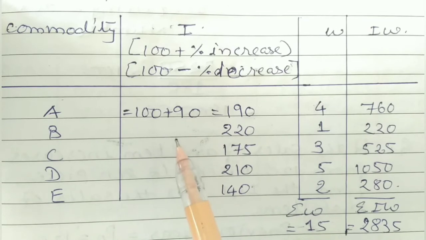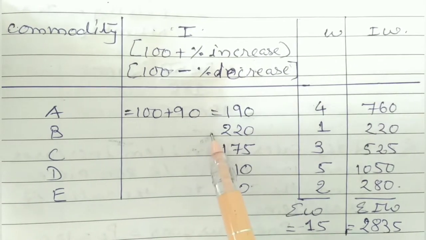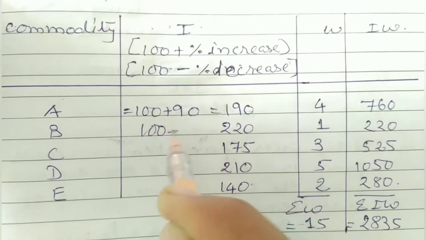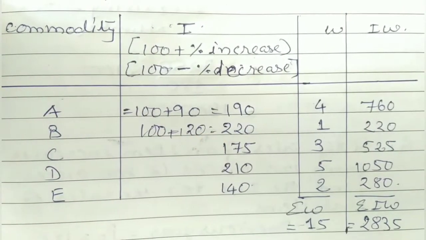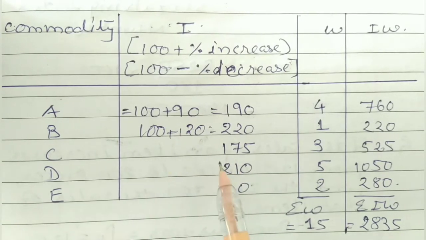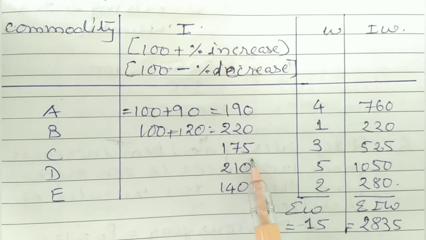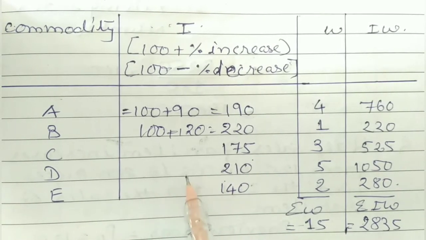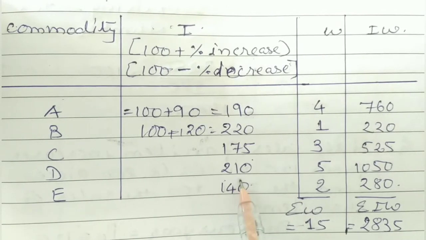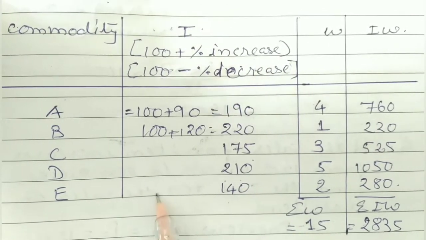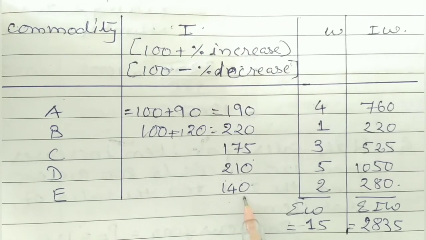Second, 120% increase: 100 plus 120 comes to 220. Next, 75% increase: 100 plus 75 comes to 175. Then 110% increase: 100 plus 110 comes to 210. And the last, 40% increase: 100 plus 40 comes to 140.